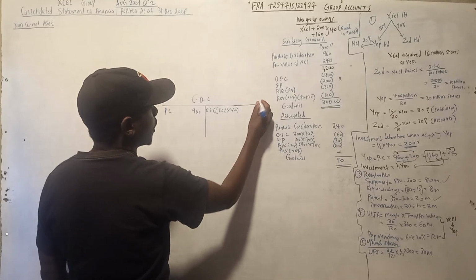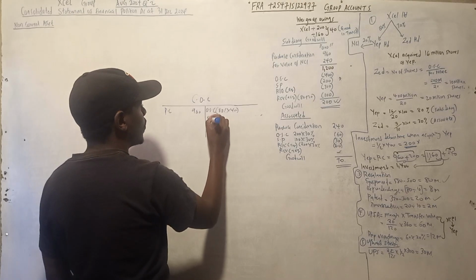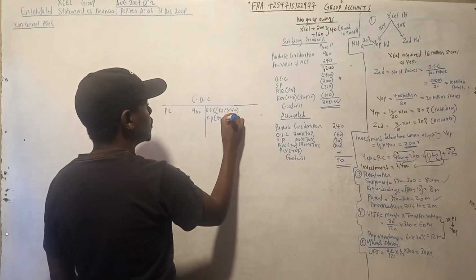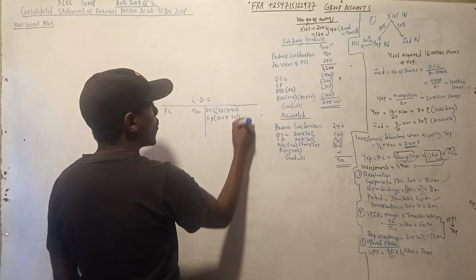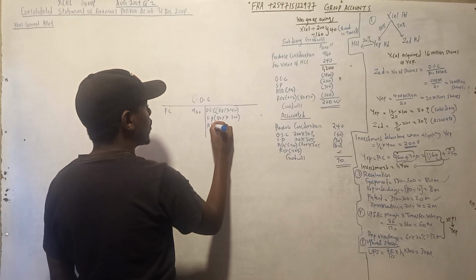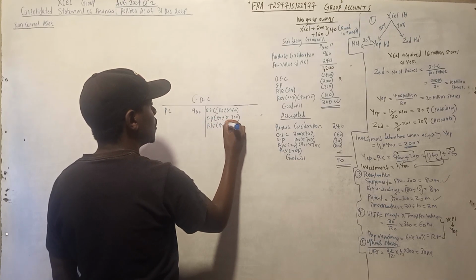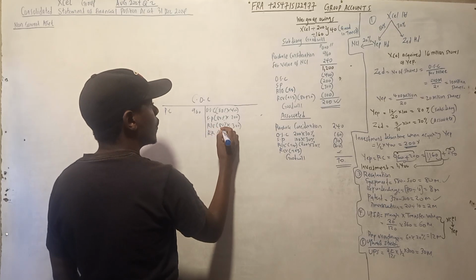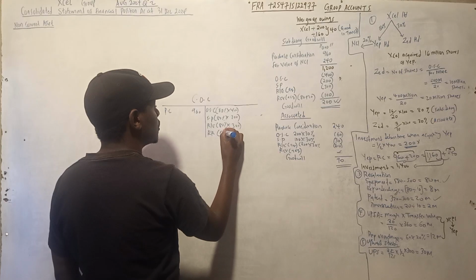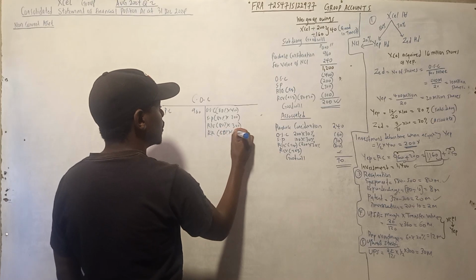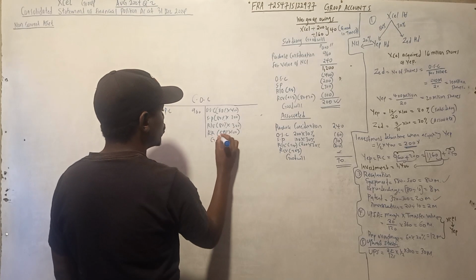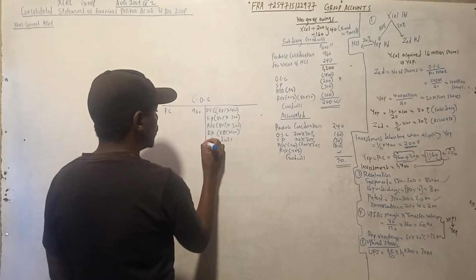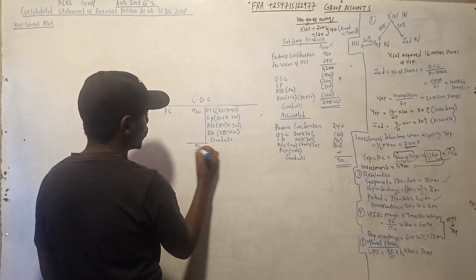For share premium, 80% times 200. Retained earnings is 80% times 300. Then revaluation, it is 80% times 100. Then you get the balancing figure as goodwill. So that is if you decide to use the cost of control account.